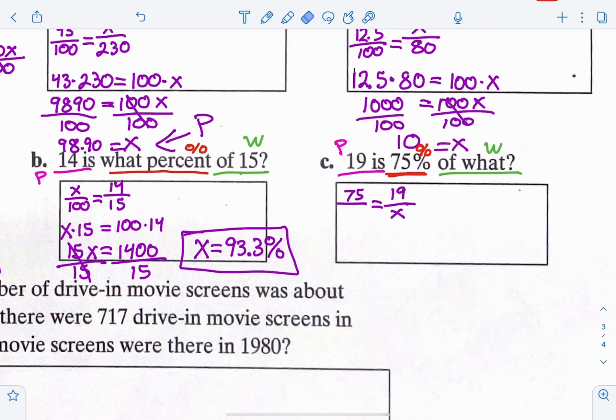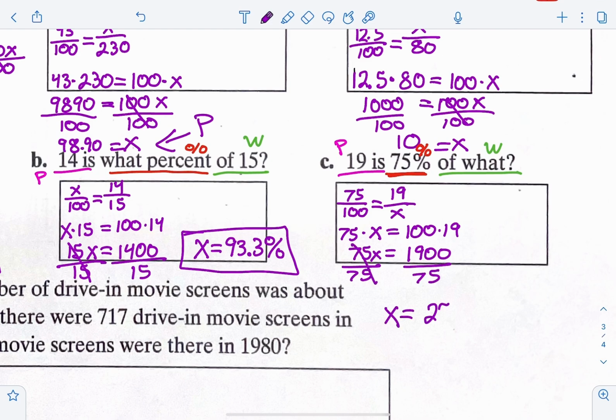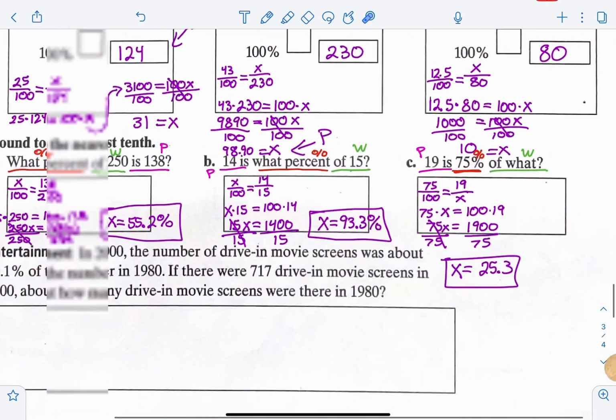Cross products. 75 times x equals 100 times 19. 75x equals 1,900. Divide both sides by 75 to get that x by itself, and x equals 25.3. I wasn't looking for a percent, I already have it, so my answer does not have a percent symbol. Okay, make sure you pay attention to that.